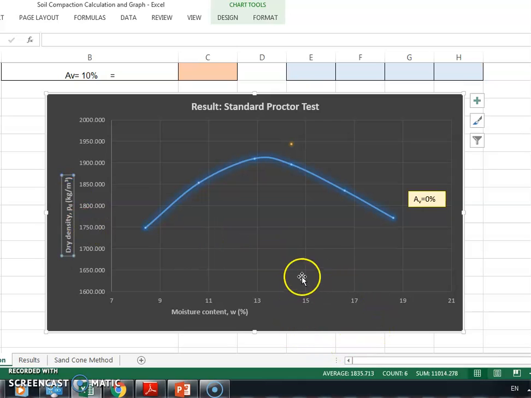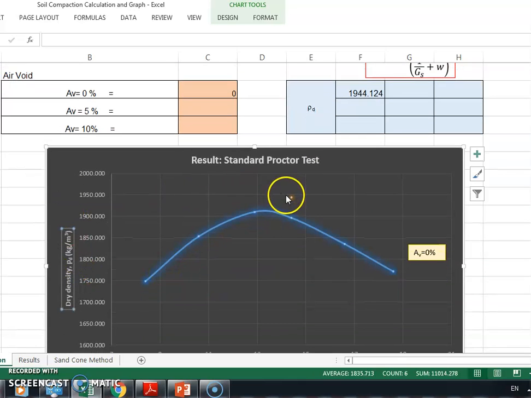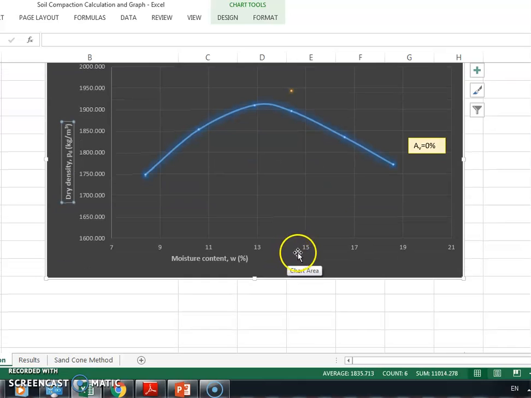Okay, and we also need to calculate the air void. How we plot the zero air void is by calculating the dry density value at certain moisture content locations. Usually I suggest you have at least 3 different moisture contents.